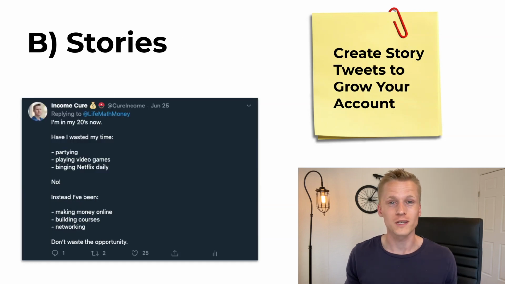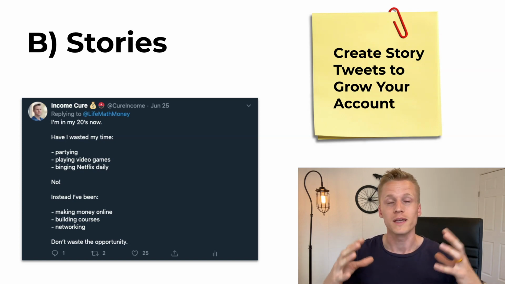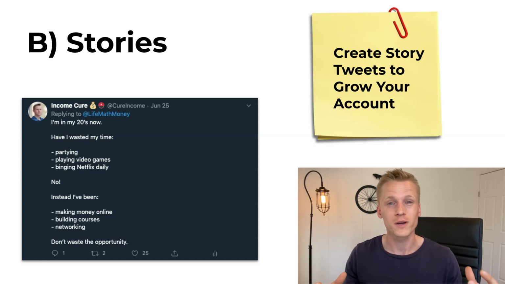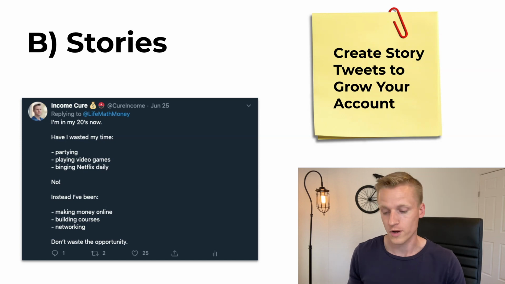Second is stories. So when you create stories and you tell stories on Twitter through tweets, you really get a lot of engagement, especially if you're brand new. That is one of the best ways to engage an audience and to start growing on Twitter: to tell your story. So here's a story that I actually did as a comment early on in my account. It said, "I'm in my 20s now.